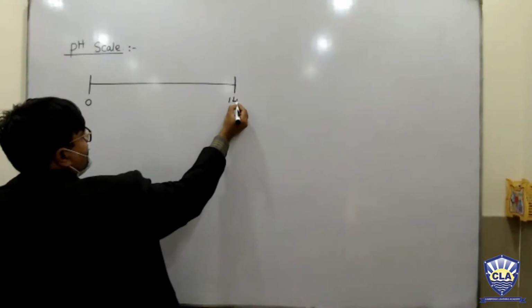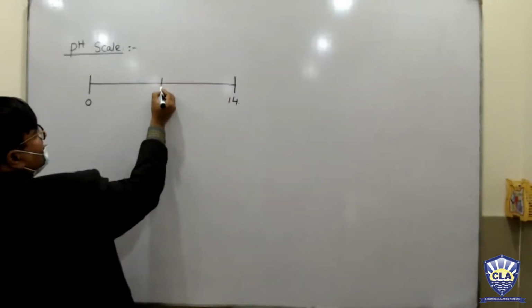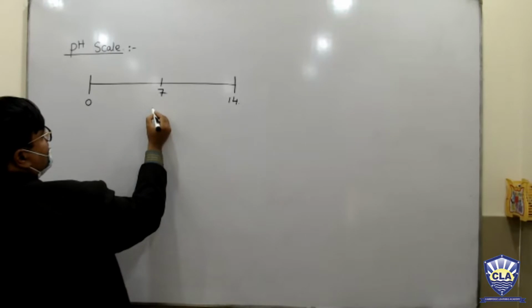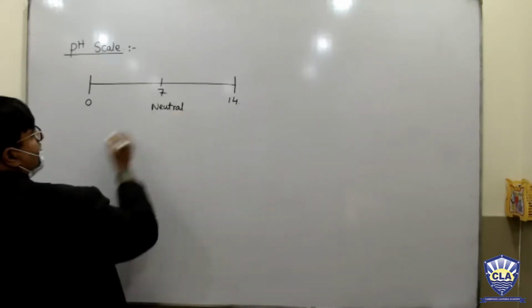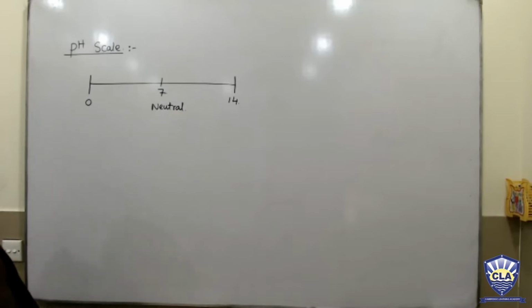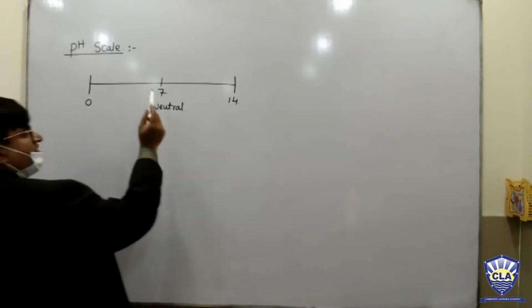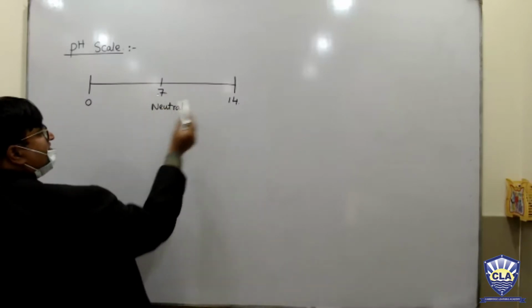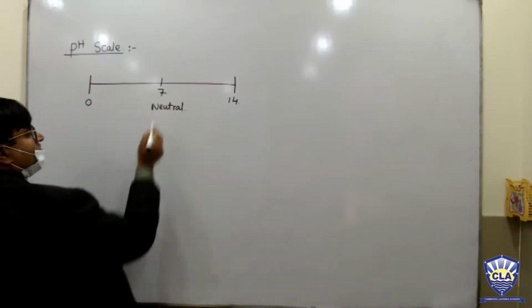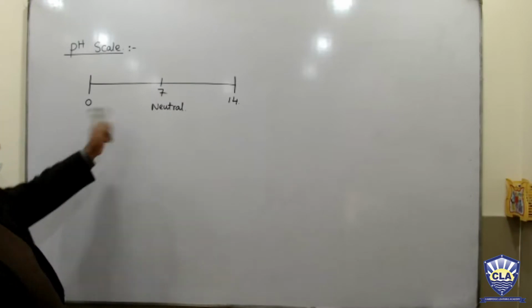It goes up to 14, and its center point, that is 7, is called the neutral point. So from 0 to 7, and then 7 to 14. 7 is the neutral point. This is the pH scale.